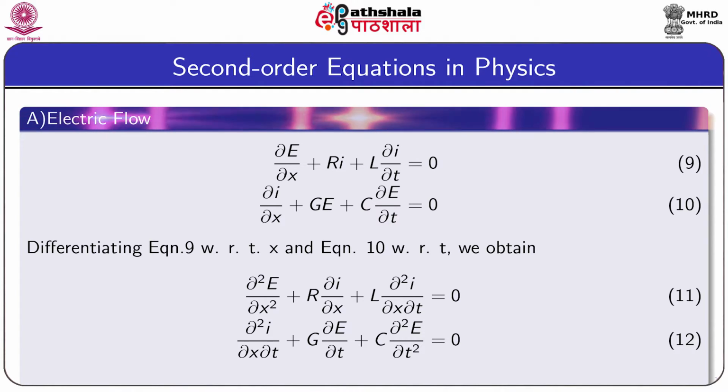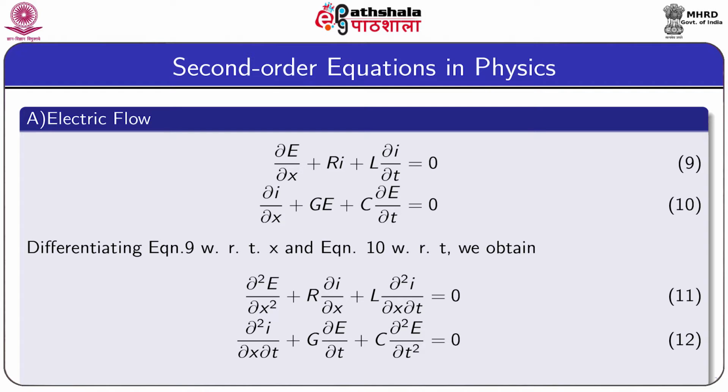Now, we want to obtain the equation with one unknown variable. For that, we differentiate equation 9 with respect to x to obtain equation number 11, and we obtain equation number 12 by taking the derivative with respect to t of equation 10.